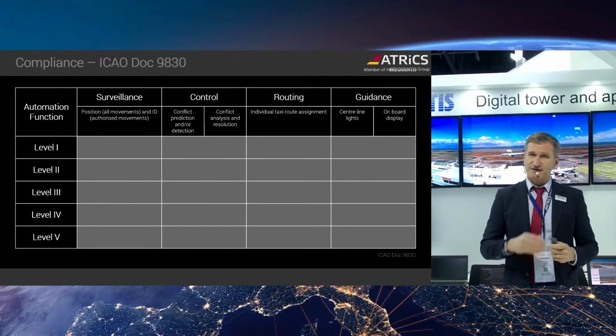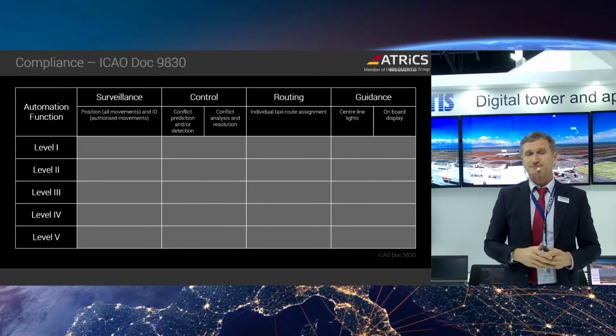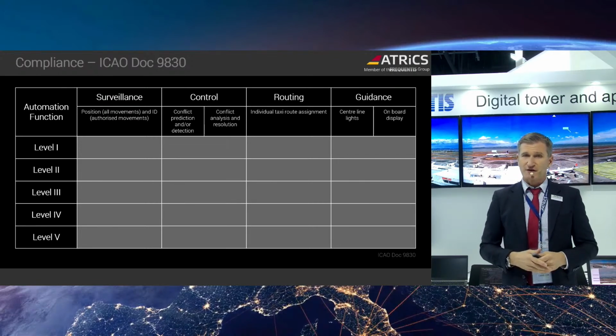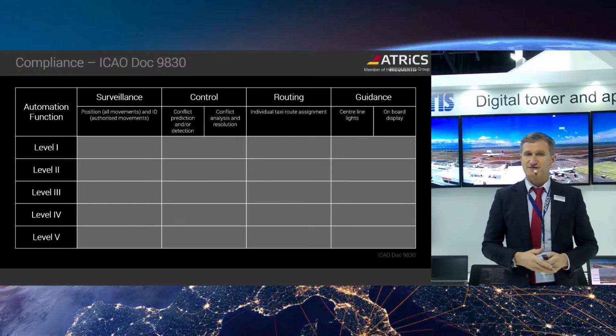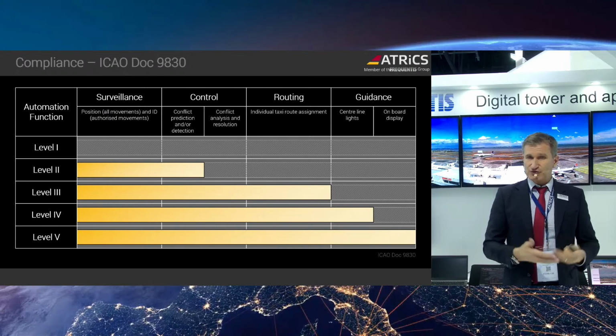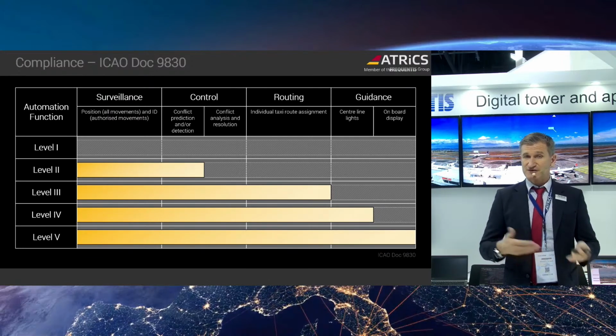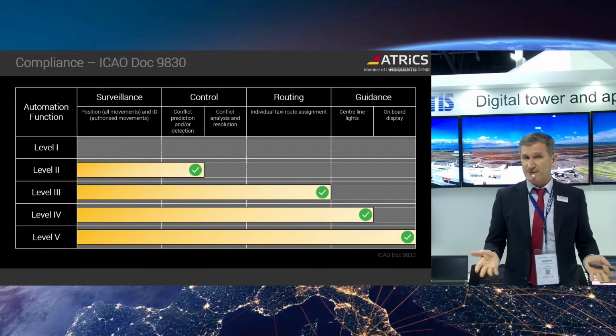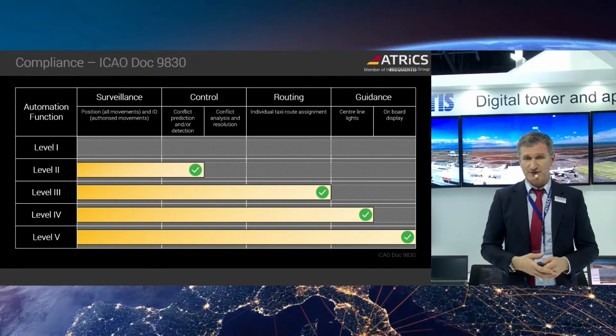You can think of that as the automation levels, which are increasing, and then the automation functions level 1 to level 5, which you can think of as the aerodrome complexity. Here you can see that level 2 covers certain control functions, level 3 covers the routing part, level 4 covers the follow-the-greens aspect, and level 5 also includes the onboard guidance. And TowerPad covers all of them, so it's fully compliant with the ICAO document.